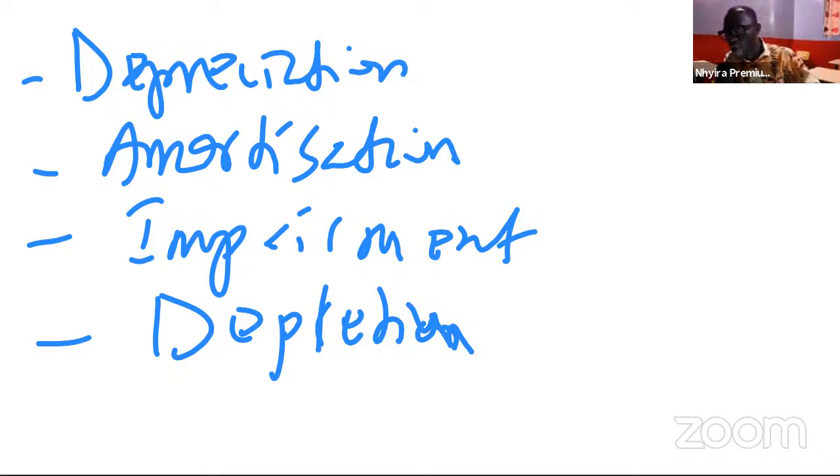These are four key things that you need to understand when it comes to dealing with assets. Depreciation, amortization, impairment, and depletion.